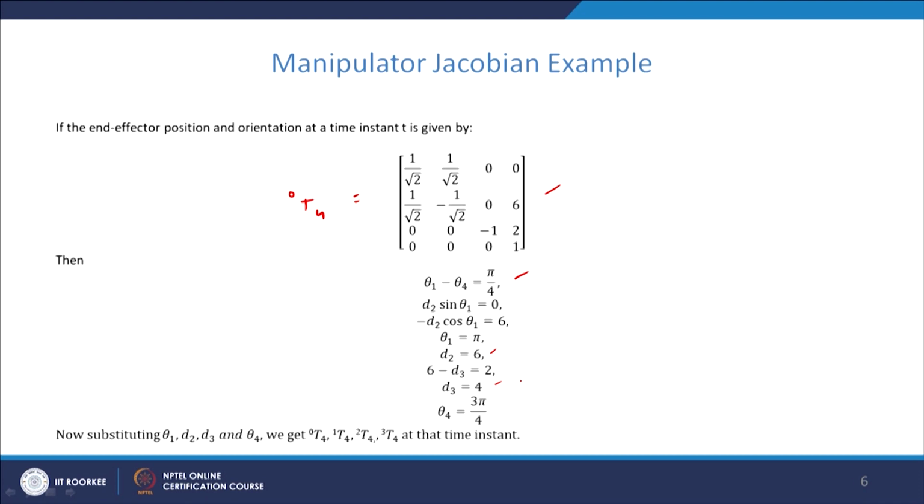So, at this value what is the manipulator Jacobian? That is calculated by the following. So, now let us calculate the first column of the manipulator Jacobian.